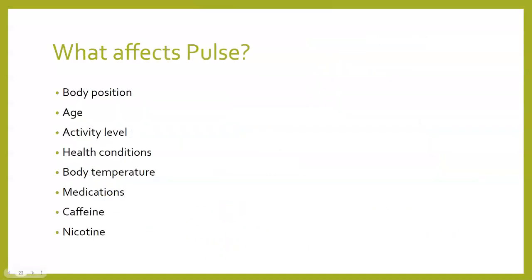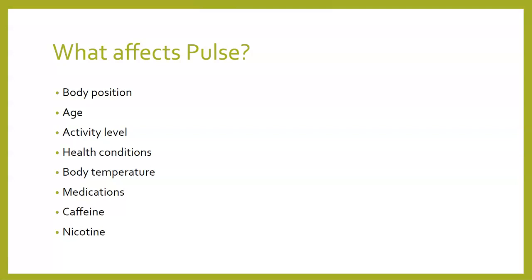Okay, so what affects pulse? Body position, kind of the same as the blood pressure that we talked about. Sometimes different body positions can affect blood pressure. Same with pulse. Age is another factor. Activity level.